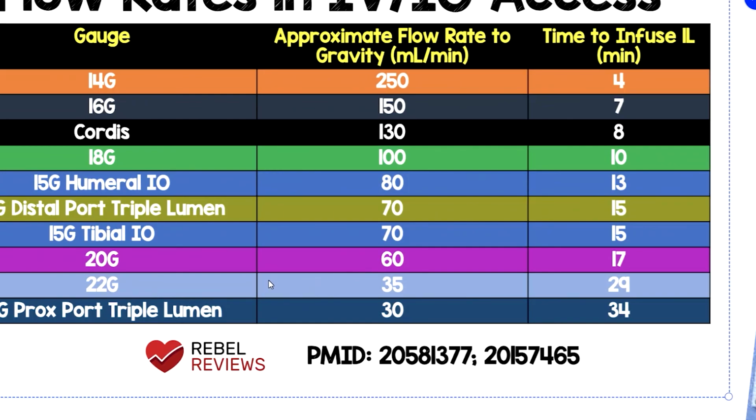But as we start building mass, we start getting larger, so do the veins. And we can look at putting a larger diameter angiocath into that vein. And we're looking then at the 18 gauge or maybe the 16 gauge.